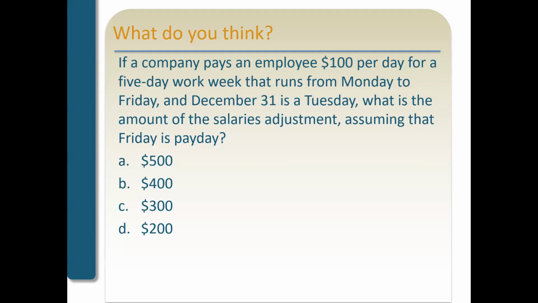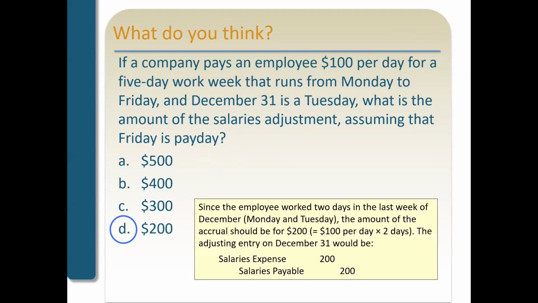What do you think it's going to be, guys? Wouldn't we show on December 31st a debit to salaries expense for 200, and we show a credit to salaries payable for 200, because that's the period.